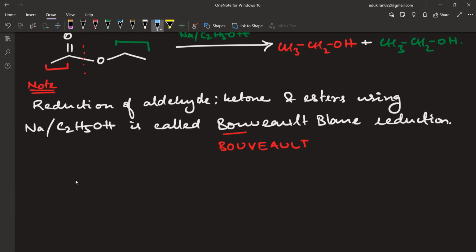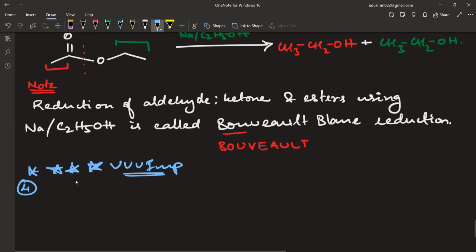Now, the fourth method that we'll be using here, you can put as many stars as you want. Okay, this is very, very important. It's very important. And it's also important to understand this whole reaction. You can write by using Grignard reagent.